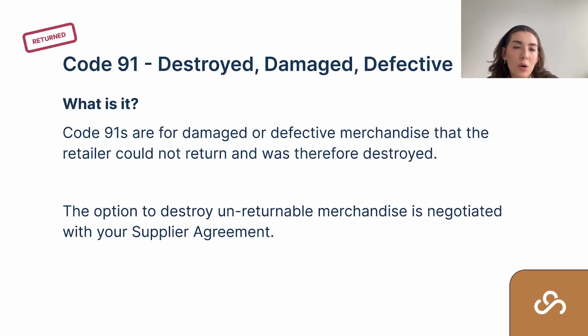All right, code 91. So what is a code 91? This stands for destroyed, damaged, and defective. Code 91s are for merchandise that cannot be returned, therefore it was destroyed. This will be outlined in your supplier agreement, so it's really important to check. If the merchandise is unreturnable, it would be negotiated that Walmart just handles destroying it, throwing it away. That will really depend on the category you're in.